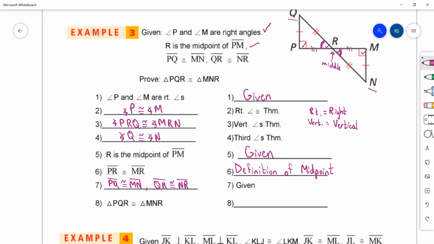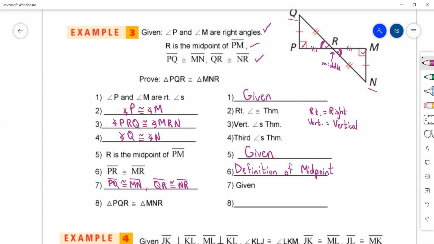I haven't used those yet, so that's going to be that one. Now, all my givens have been used. So therefore, we've shown everything's congruent.